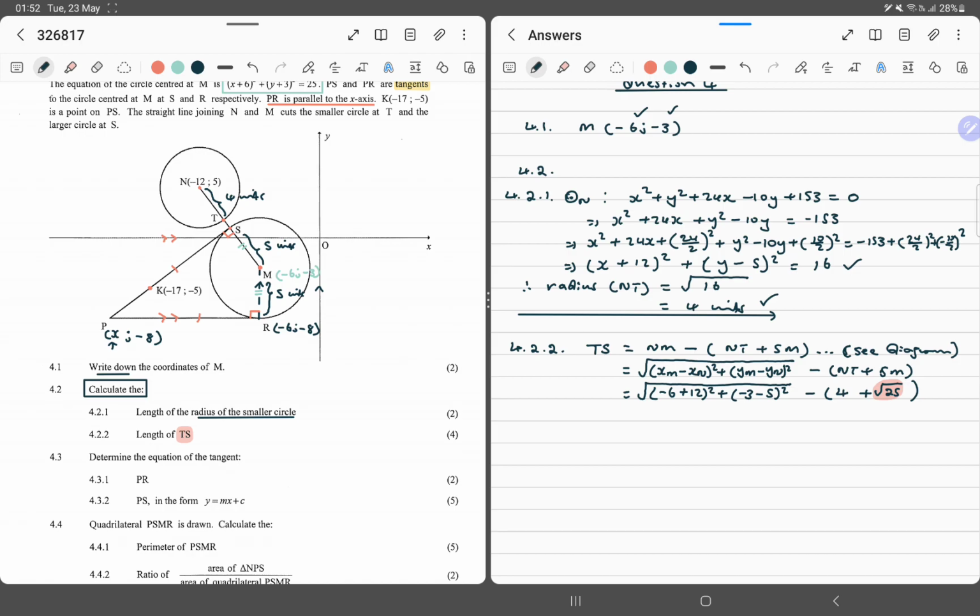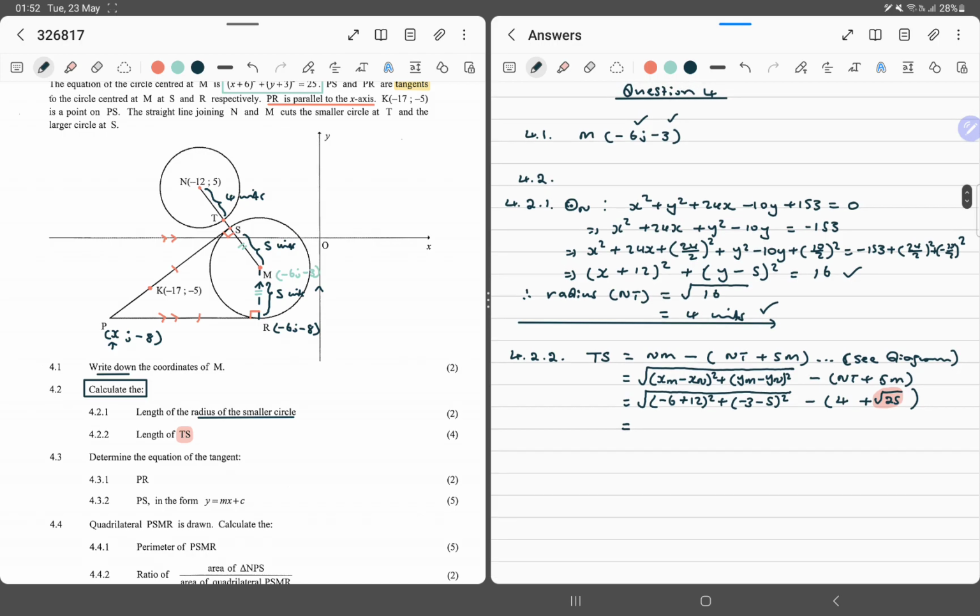Some questions are just too much at times, so you don't want to overly do things. In fact, here you can even provide a reason that the circle center M, its radius, is half of that thingy that you've got. So let's just do the calculation without really wasting that much time. Minus 6 plus 12 squared plus minus 3 minus 5 squared. So minus the sum of 4 plus the square root of 25.